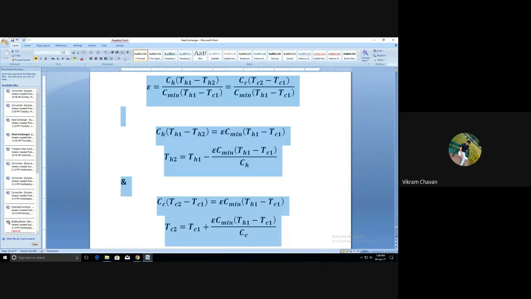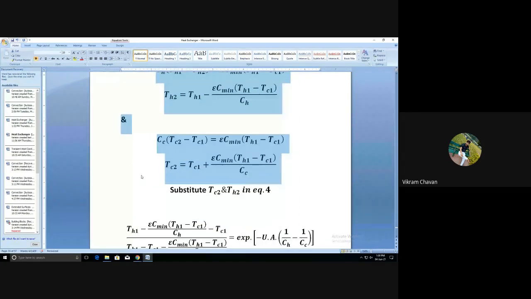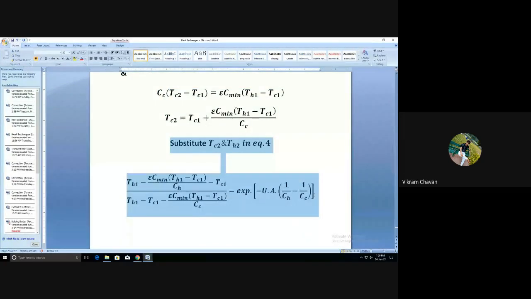Okay, over. Further, we have to put the Tc2 and Th2 values in equation number 4. Okay, so you just replace Tc2 and Th2 values in equation number 4, and you can write this equation.